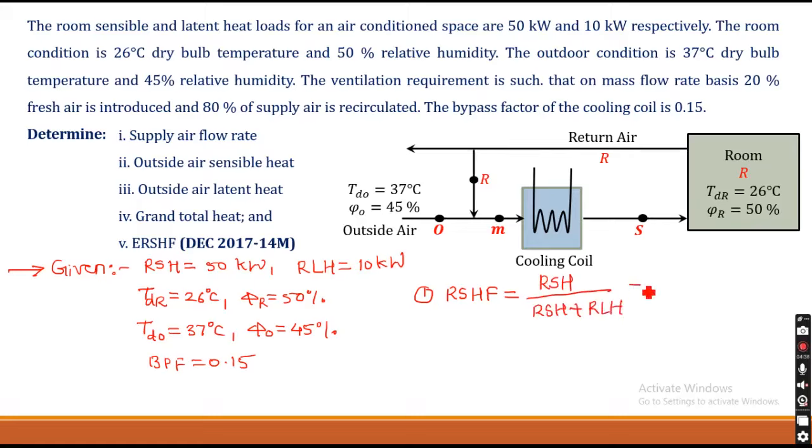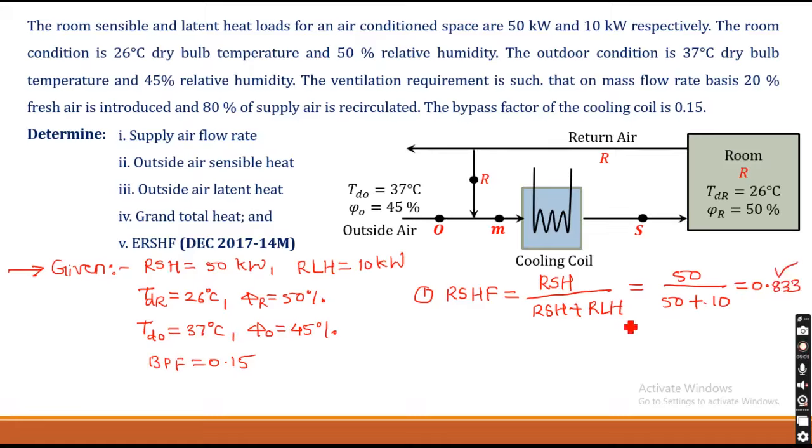So this data is with us. Room sensible heat is 50 kilowatt, so 50 divided by 50 plus 10 as room latent heat. This gives us the value 0.833. So room sensible heat factor for this given problem is 0.833.